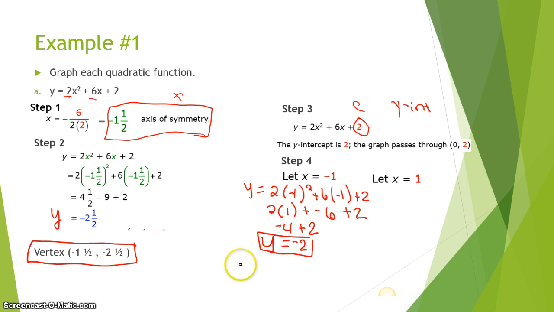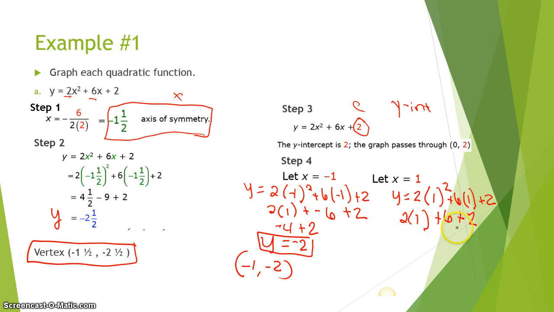So I could have a point that falls at -1, -2. If I plug in now 1 for x, I could have y equals 2 times 1 squared plus 6 times 1 plus 2. 1 squared is 1, so 2 times 1 plus 6 plus 2. 2 plus 6 is 8 plus 2 is 10.